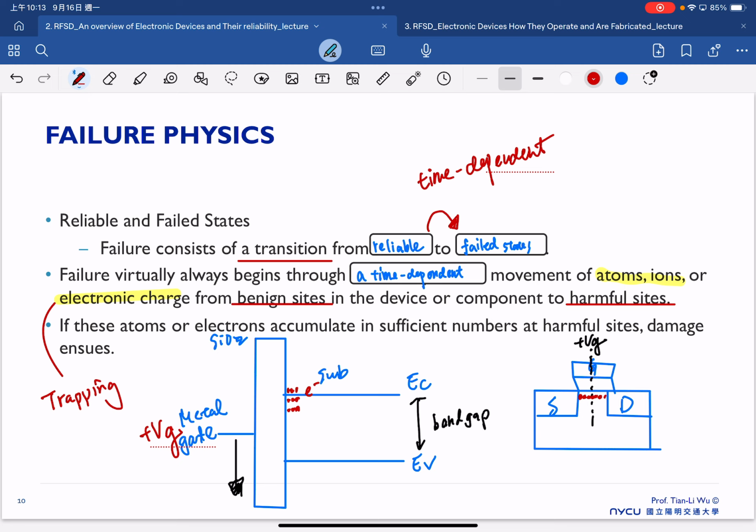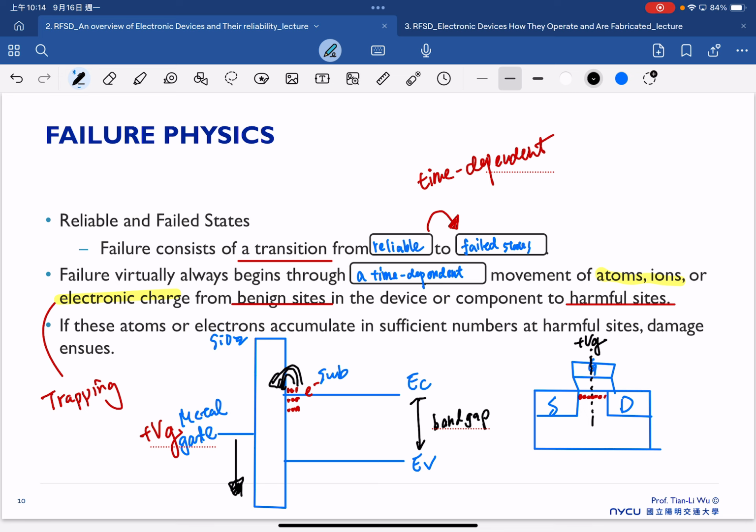But the problem is, once we apply the gate bias, we have the electrons, which are the negative charges here. So we can expect these electrons have a certain chance of being injected from the right to the left, because we have the positive gate bias on top.